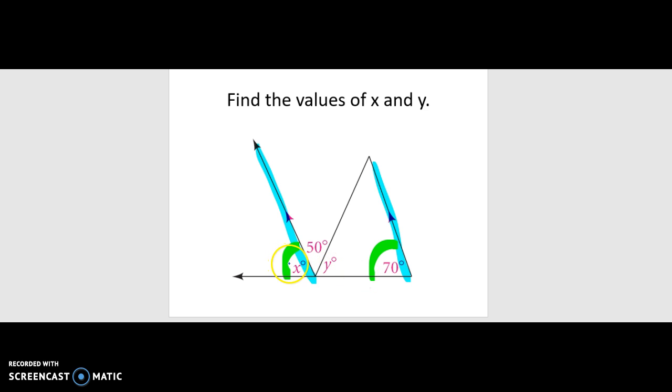Well, I recognize X and 70 degrees as being corresponding angles. And what are those? They are congruent. So X right away is 70 degrees. Now, what do all three of these angles have to add up to? 180. So to find Y, 180 minus 70 minus 50 is going to give you Y is equal to 180 minus 120, which is 60 degrees.